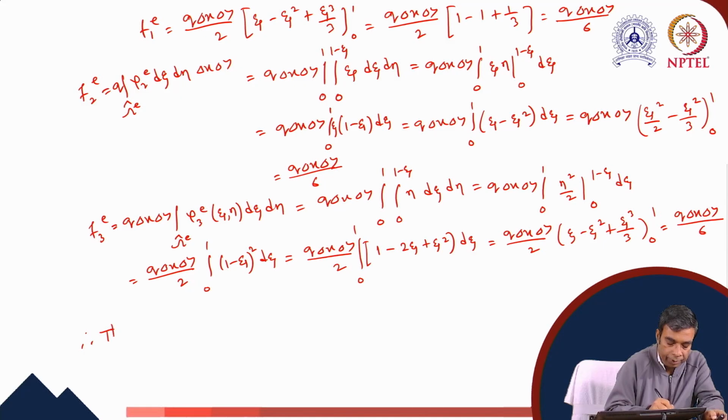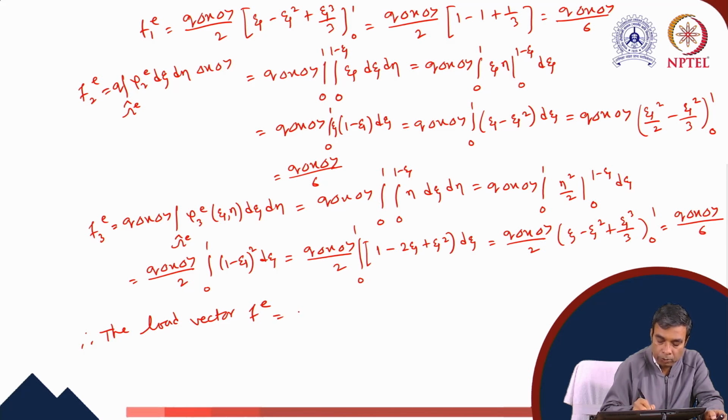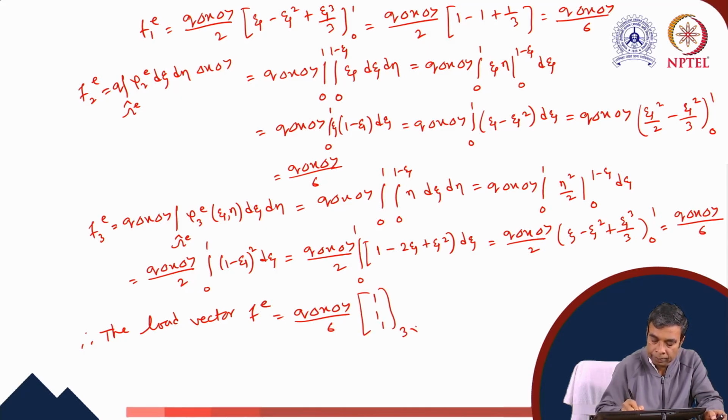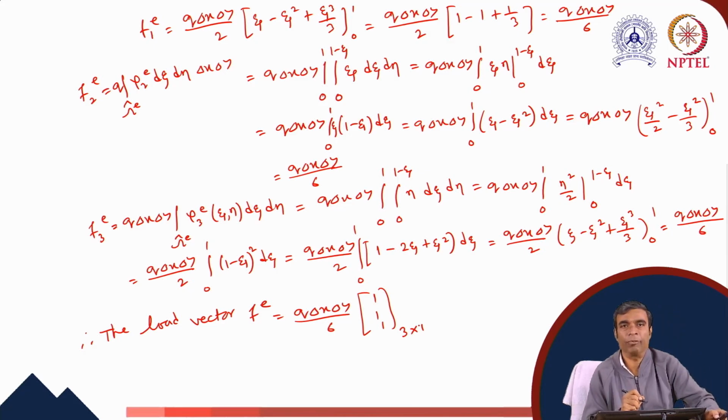Therefore, the load vector Fe equals q delta x delta y by 6 times 1, 1, 1. Therefore, using numerical integration in the natural coordinate system, we have calculated the element level stiffness matrix as well as load vector for a linear triangular element.